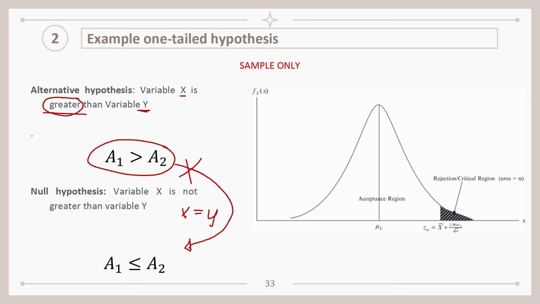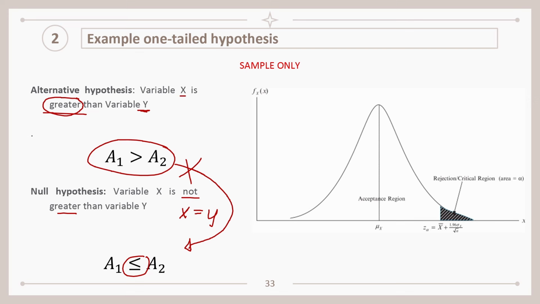So in this case, we want our null hypothesis to consider also the possibility that your variable x is equal to your variable y. So instead of saying less than, we say not greater than variable y, because that would also consider a possibility where variable x is equal to variable y.